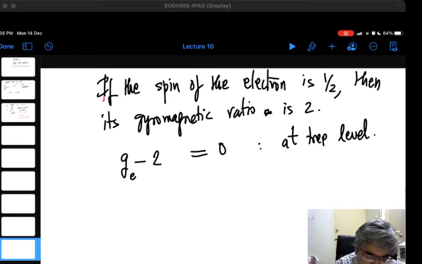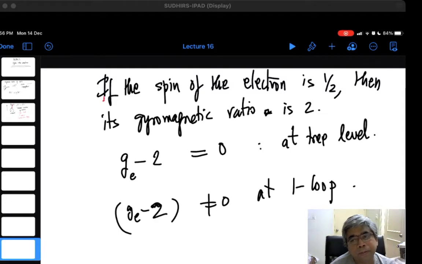This g minus 2 will not be 0 at one loop, and further and further. If you take higher order in perturbation theory, it will be even further, and so on. So the dominant contribution for g minus 2 would come at one loop. So this is a test of quantum radiative corrections.